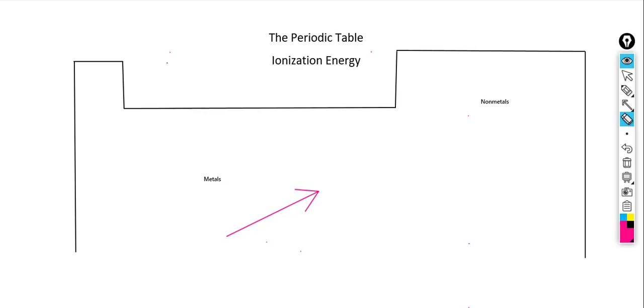And then the last property that I'd like you guys to know about is actually not in this chapter, but we will be talking about it. That is the property of electronegativity.